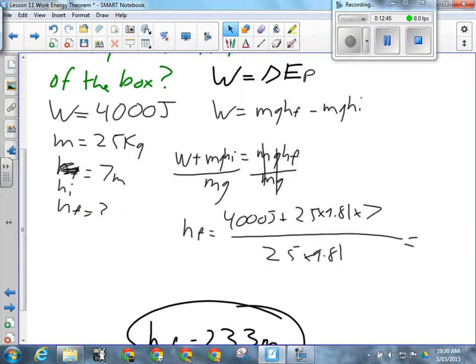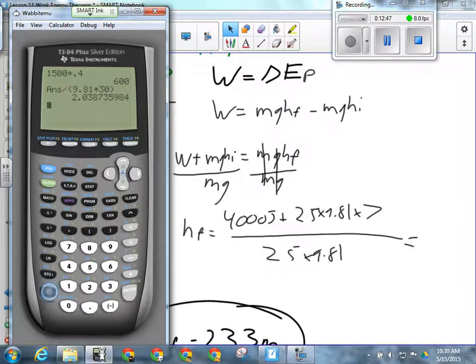So when we plug in our numbers, we have 4,000 plus 25 times 9.81 times 7, and then divided by 9.81 times 25.